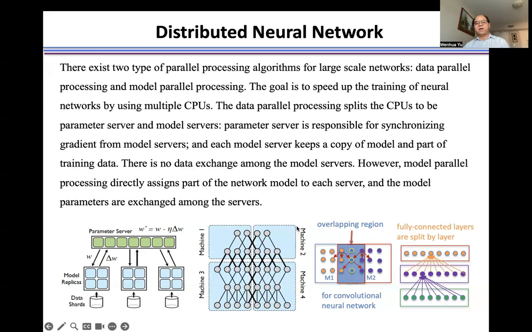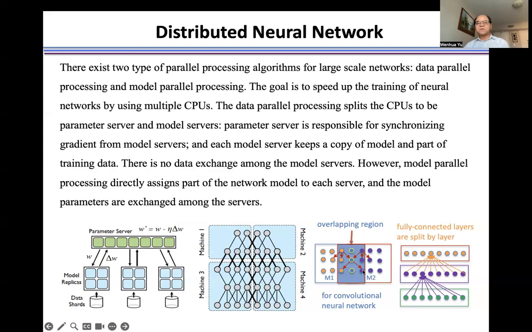However, we have several ways to reduce the data communication between the servers. One is for the convolutional neural network: we can set up an overlap region between adjacent machines.